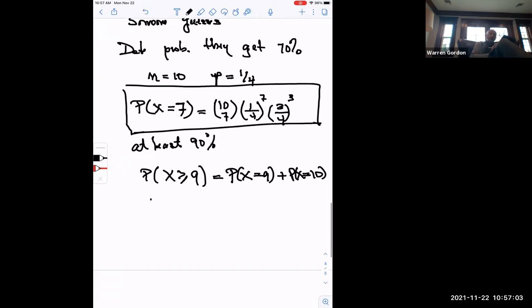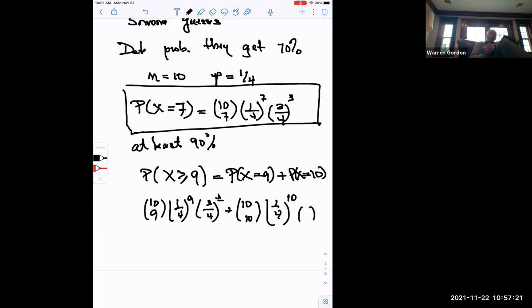To get 9 right means 10 choose 9, (1/4) to the 9th, (3/4) to the 1st, plus 10 choose 10, (1/4) to the 10th, and then of course this would be to the 0 power, which is 1, and this would just be 10 over 4 to the 10th, plus 1 over 4 to the 10th, and look at your calculator, and that will give you the answer.